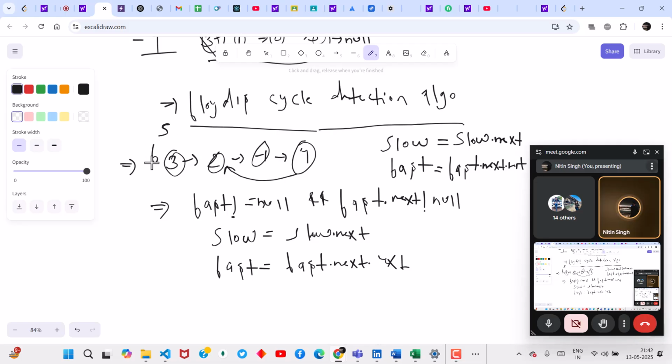Both slow and fast are referring to my head node. In the first iteration, my slow will be here, my fast will be here. In the next iteration, my slow will be here, my fast will be here. In the next iteration, my slow will be here and my fast will be here. And if you notice one thing, the slow pointer and the fast pointer are referring to the same node.